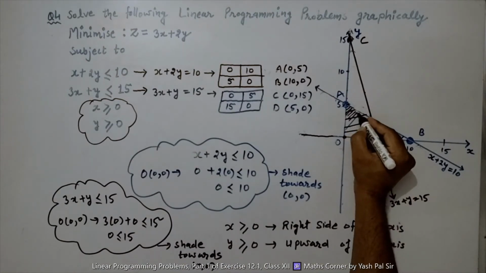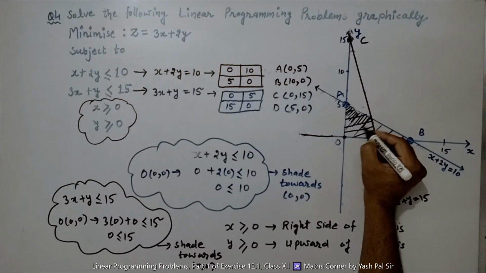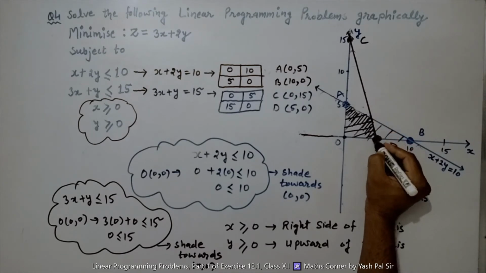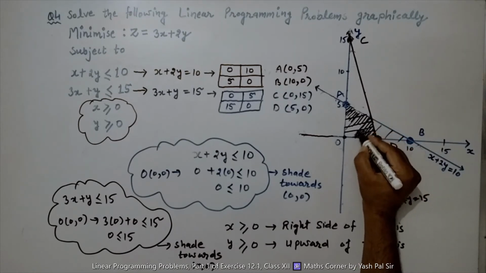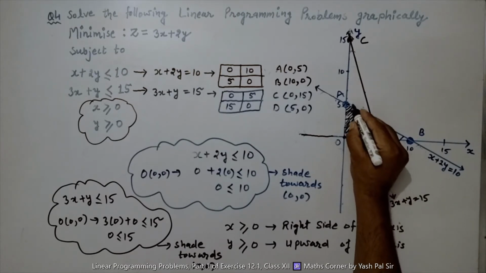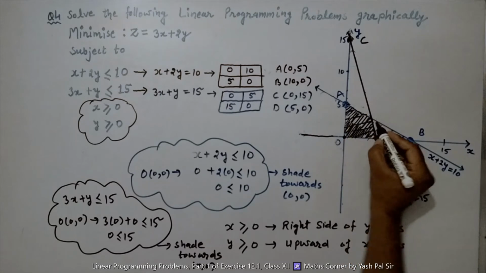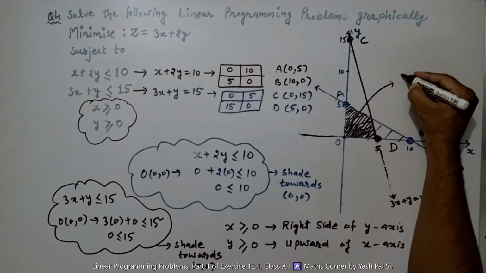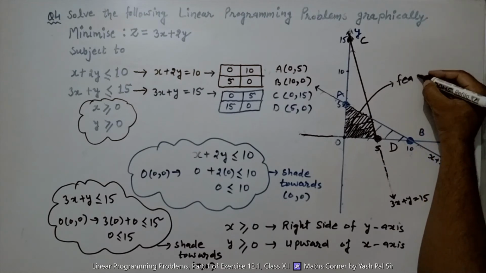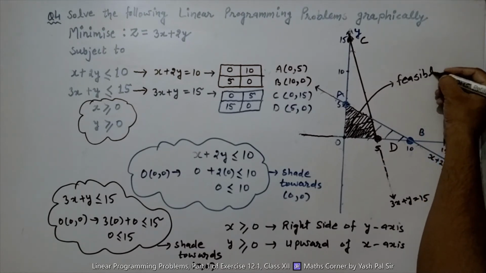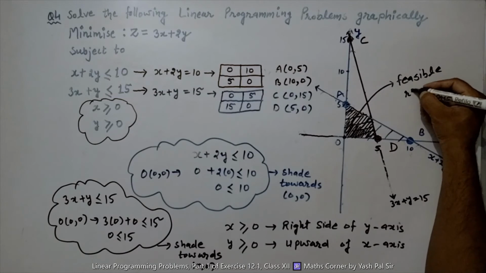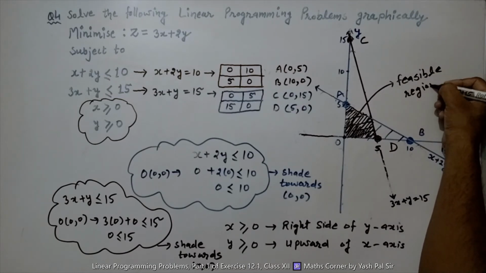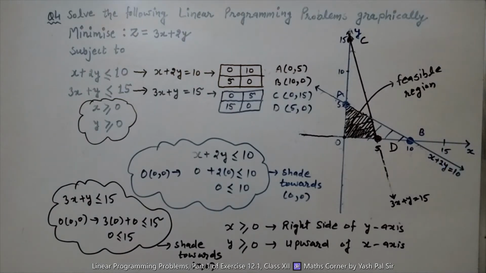Only this portion is left now, which is shaded all the times, by all the inequalities. So this portion is called the feasible region. What is the name of this portion? This portion is called the feasible region, meaning the solution. Feasible region, this is the solution area.